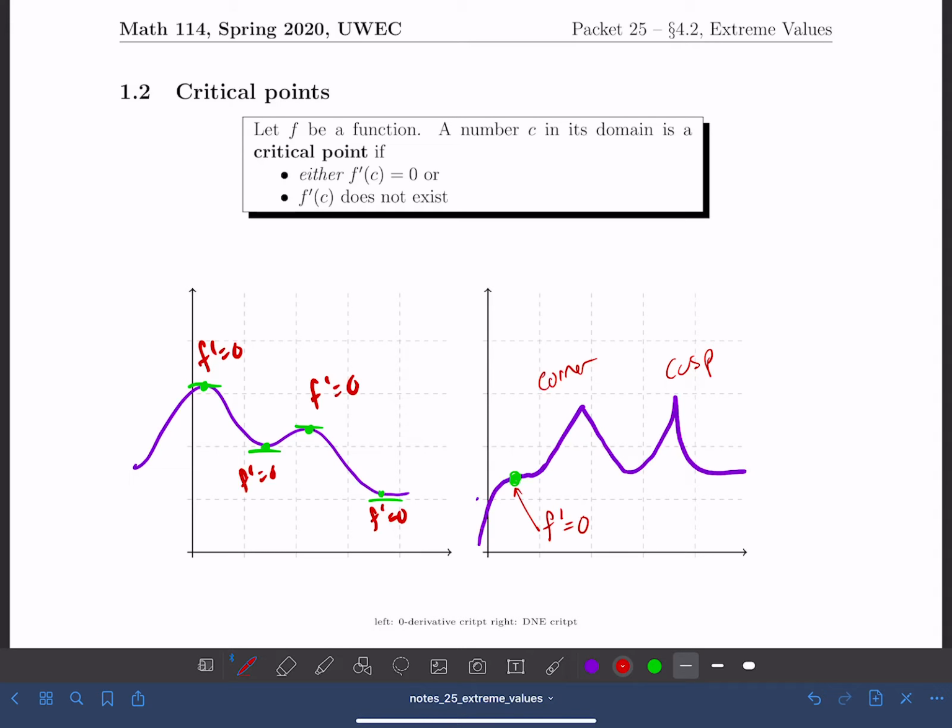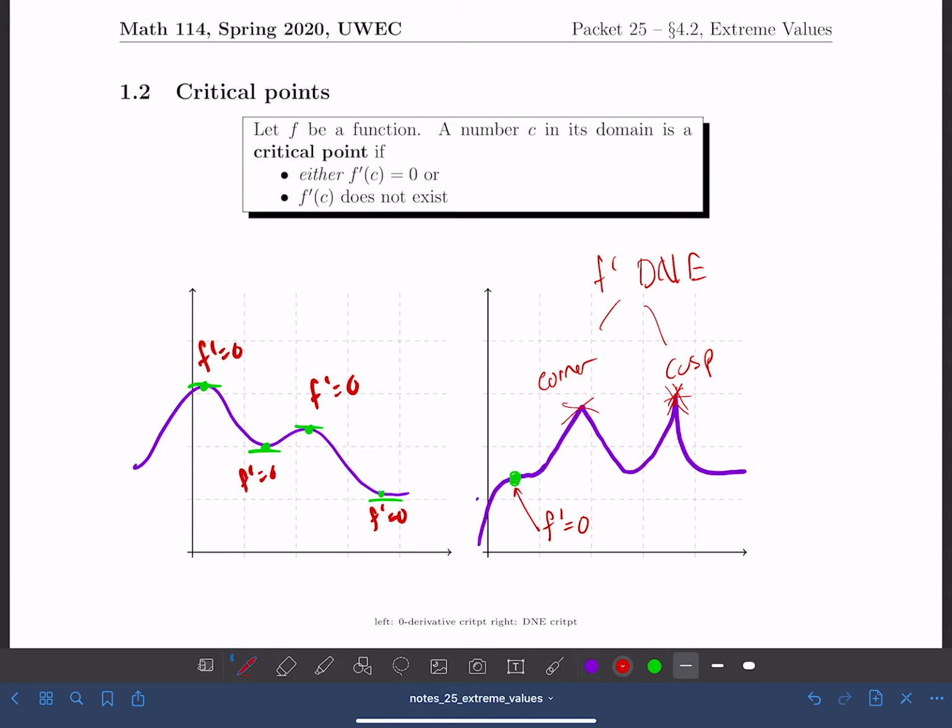But it doesn't happen to be a min or a max like all the ones on the left-hand side were. Right at the corner and the cusp, f prime does not exist at those values. It's not well defined because there's no unique tangent line. It could be anything. There are left and right derivatives for it, but there's no derivative for it.